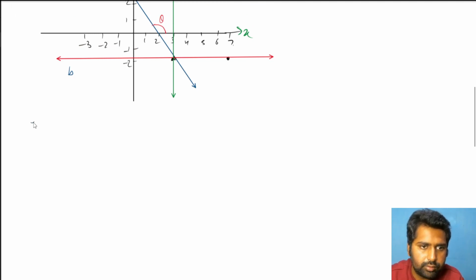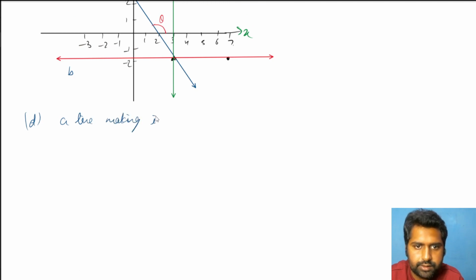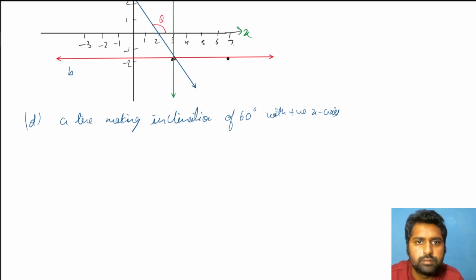It is saying the fourth part, a line making inclination of 60 degree with positive x-axis. Let's draw it.